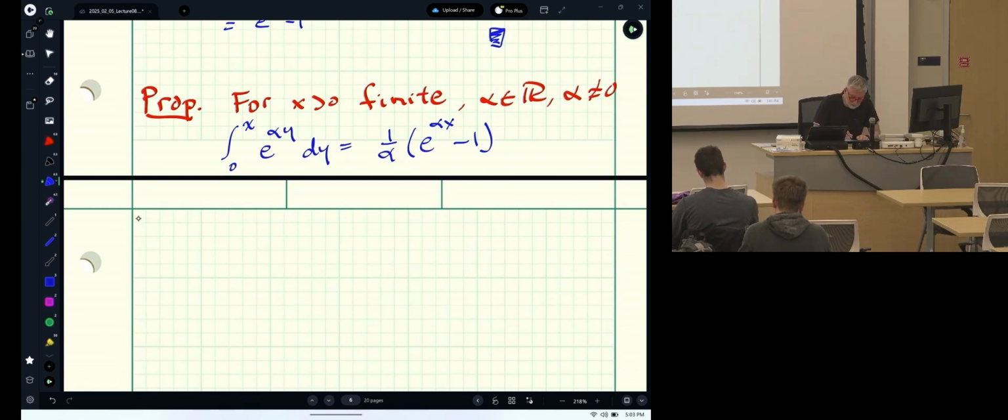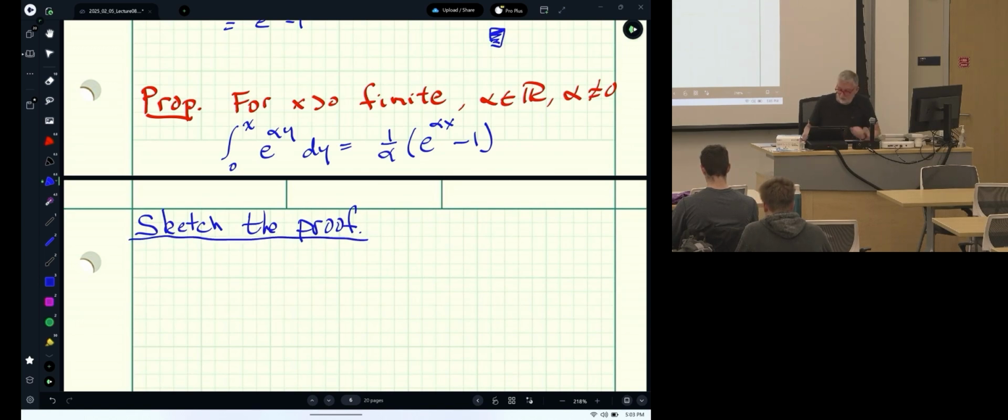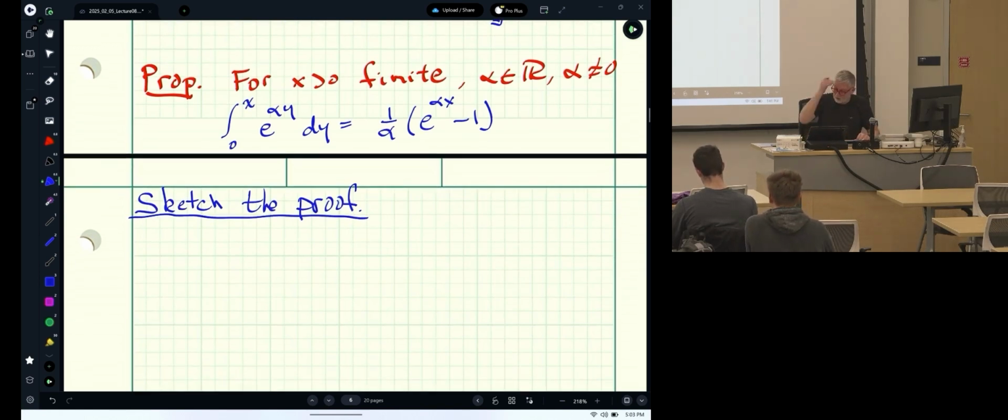And so let's just sketch the proof. We won't do much. What this is going to do is set us up for doing changes of variables a little bit more formally later on, okay?